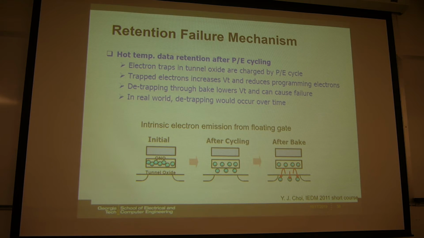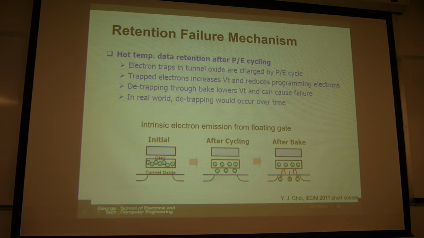The higher the temperature, the faster the degradation of your data. This is because the electrons, whether they are in the floating gate or trapped in the tunnel oxide, tend to detrap at temperature, because they have higher kinetic energy, so they vibrate and try to come out.